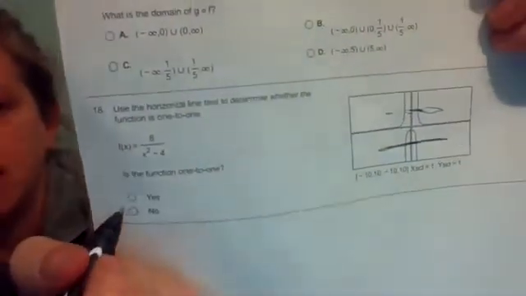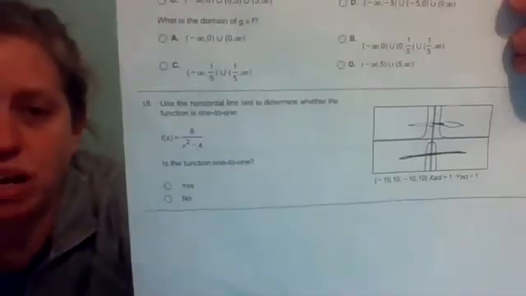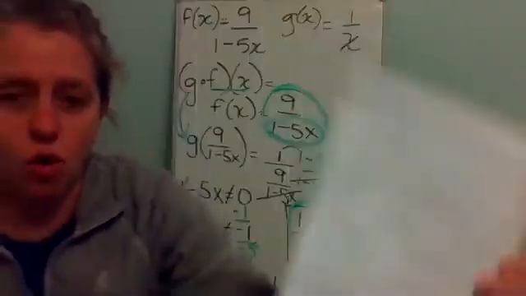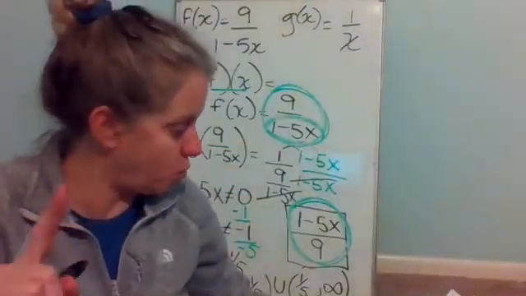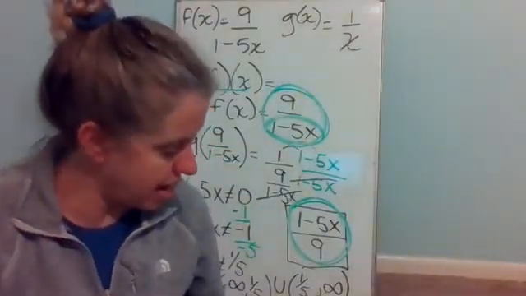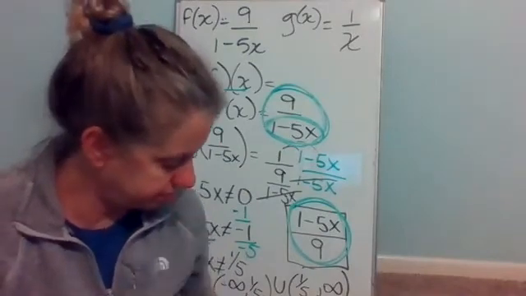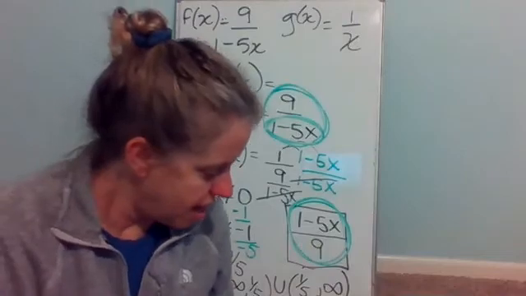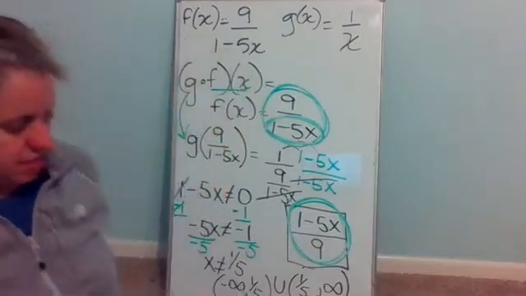More than once means no, it's not a one-to-one function. A horizontal line test that just touches it one time would be, yes, a one-to-one function. Okay? All right, number 19.